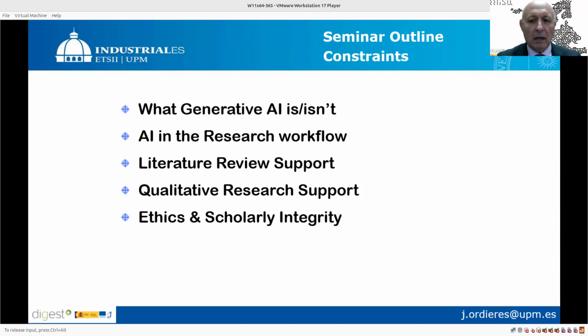Then, separately, the literature review is part of the research workflow, but because of its importance, I put it aside. And then how to address in global the qualitative research activities. And finally, ethics and scholarly integrity as points to be considered in the daily discussion.